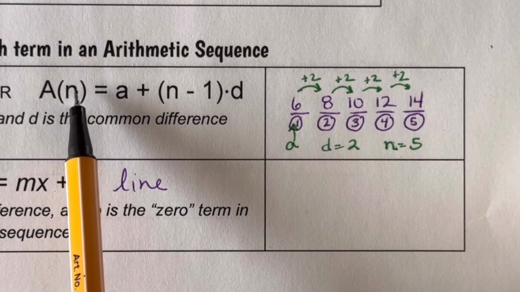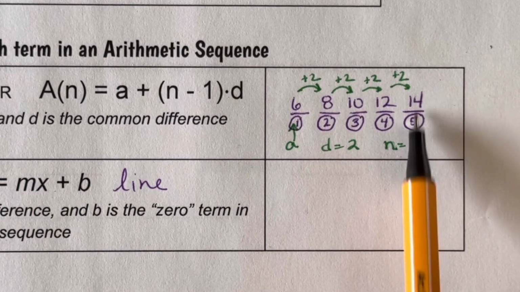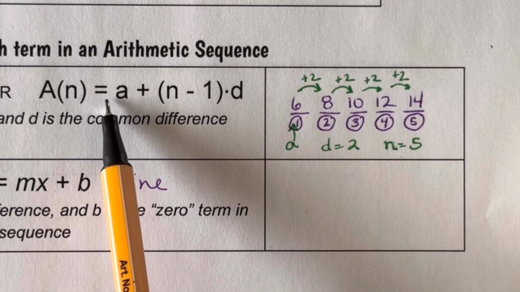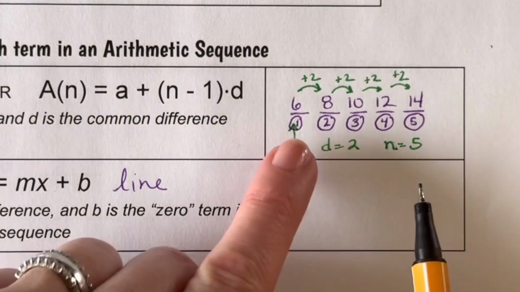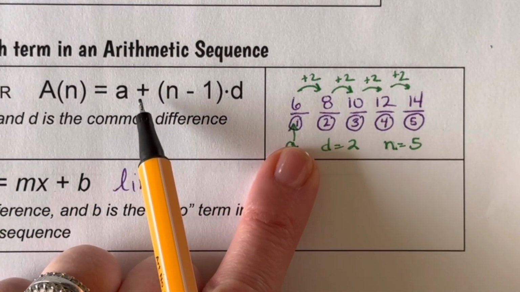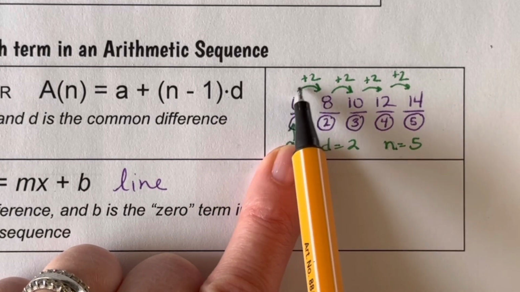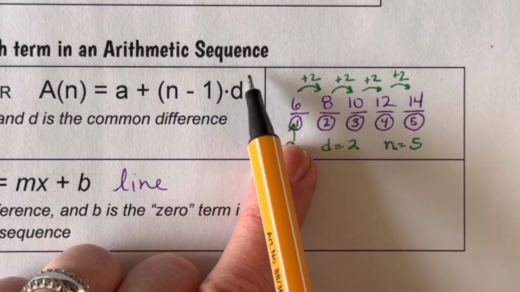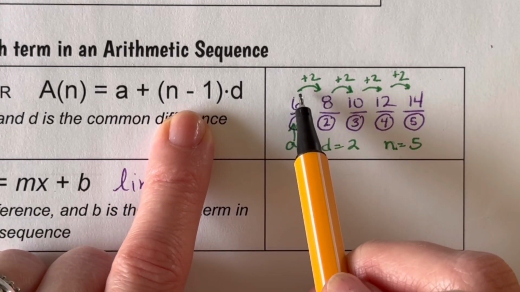This says that the nth term, let's say I'm going to pick my 5th term, which in this case is 14. My 5th term is going to be equal to my first term, which in this case is 6, plus the common difference, which is 2. This is talking about how I'm jumping by 2 each time. So this is jumps of 2. And how many jumps of 2 do I have to get to my 5th term?